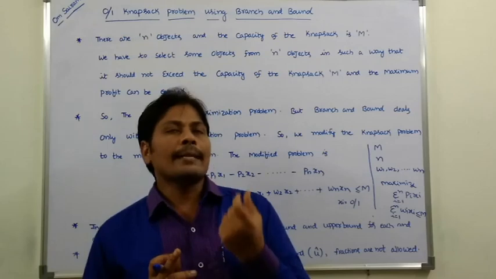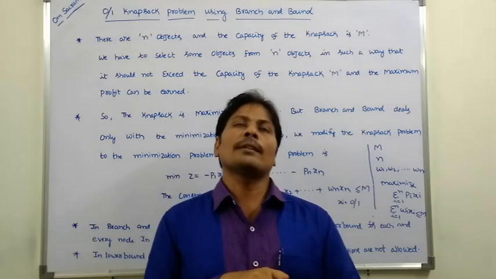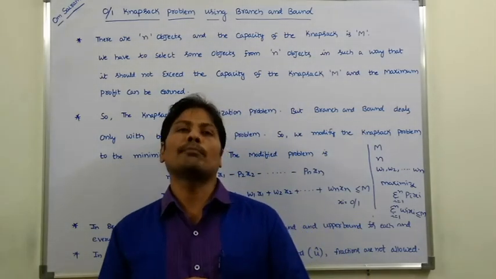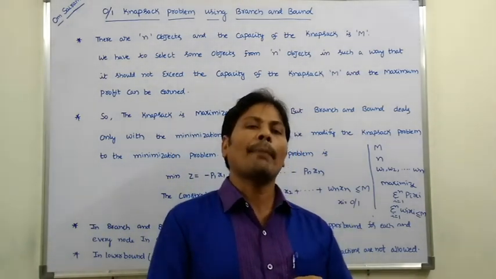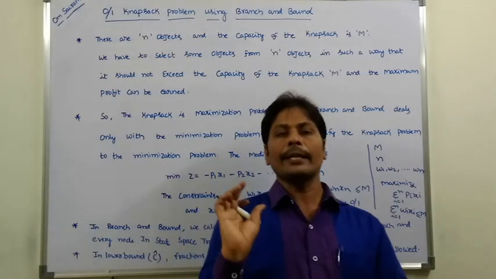While solving the knapsack problem using branch and bound, we have to calculate a lower bound and an upper bound for each and every node.